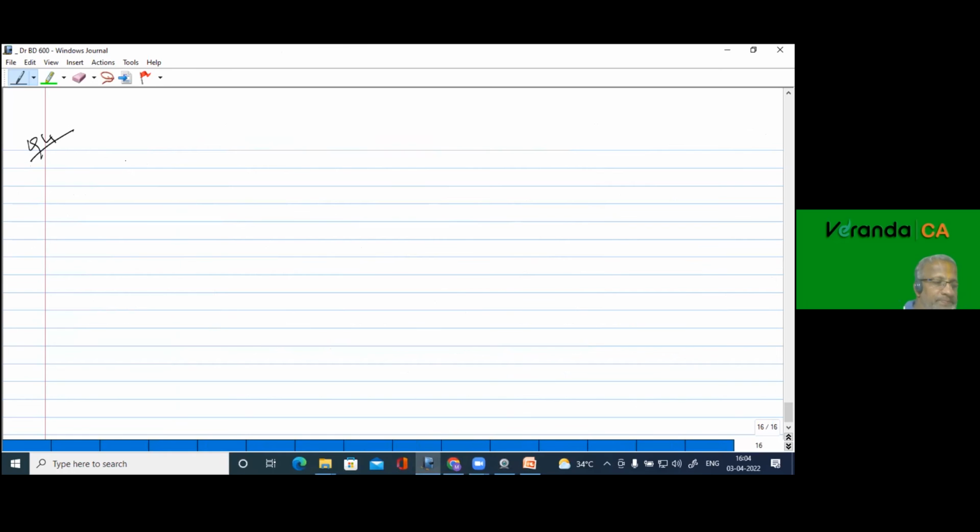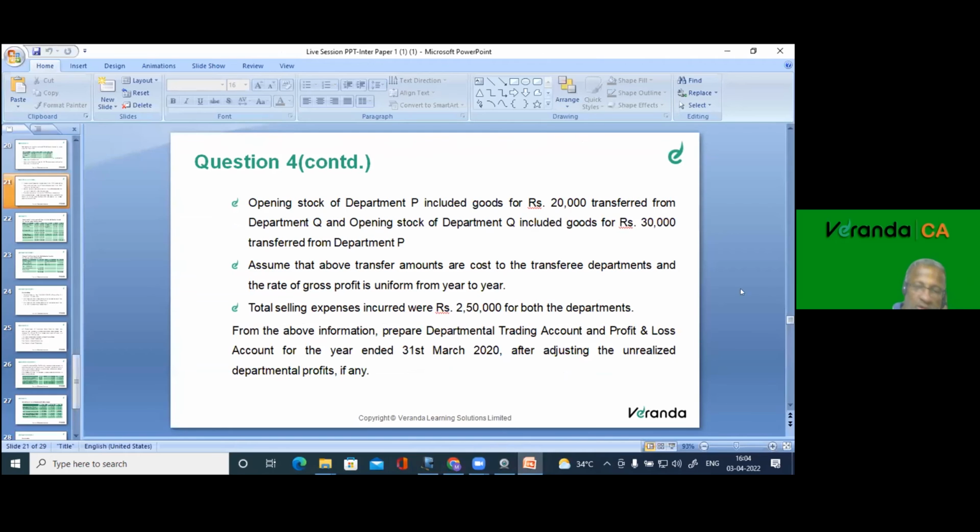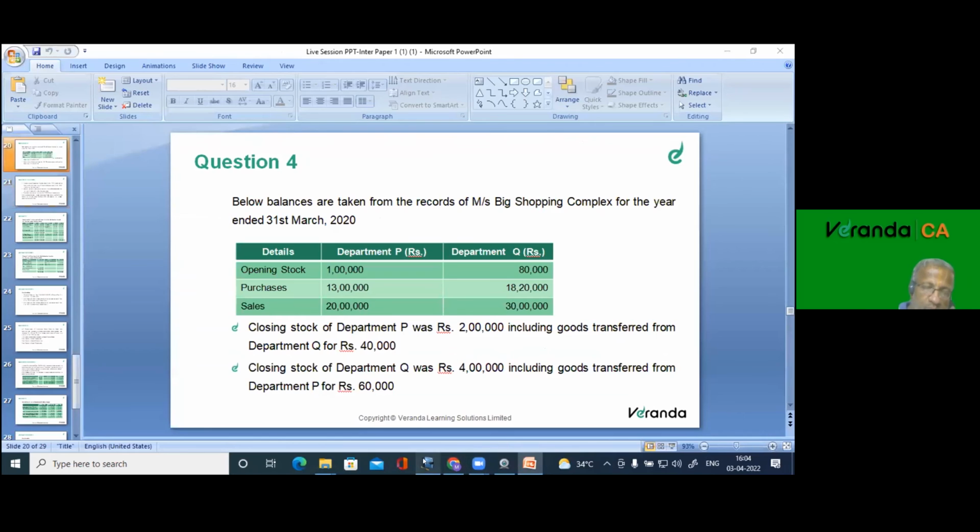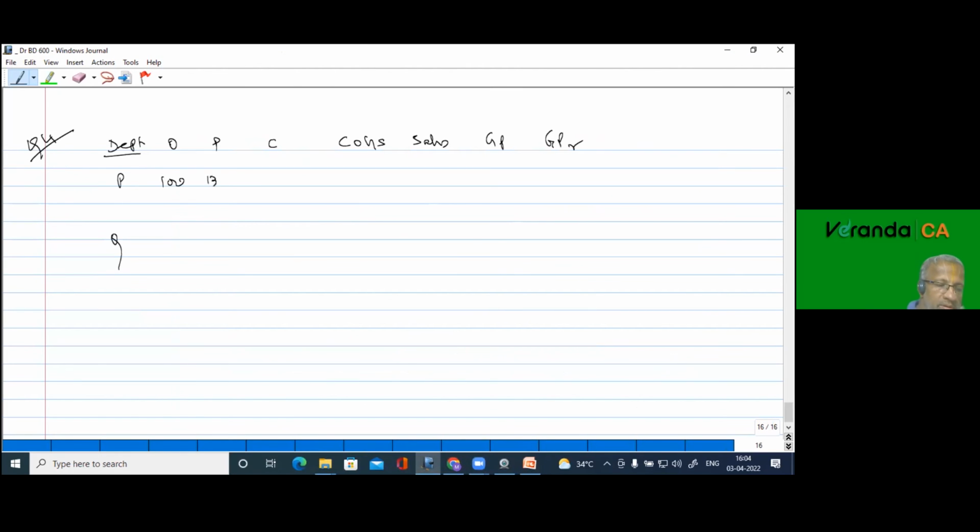Question number 4. Department P and Q. Opening stock plus purchases minus closing stock is equal to cost of goods sold. Sales, gross profit rate. Opening stock 100, 1,300, and 200, and 1,200, sales 2,000, and it is 800.